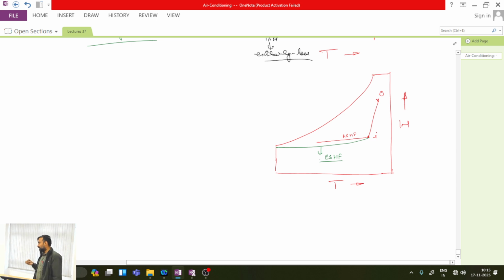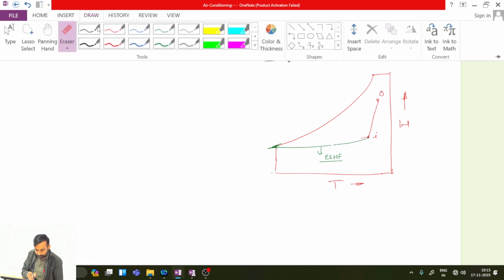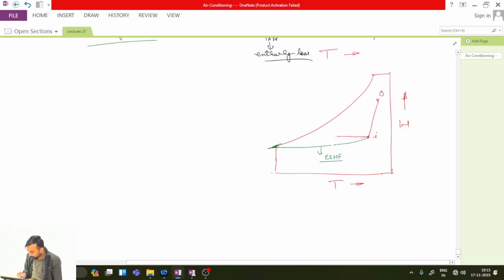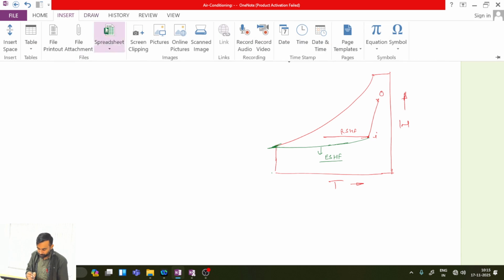Effective room sensible heat factor line. Say it is meeting the saturation curve at a very low temperature. Now if this ESHF is extremely low, in that case my COP will be low, so I need to look for alternative options.